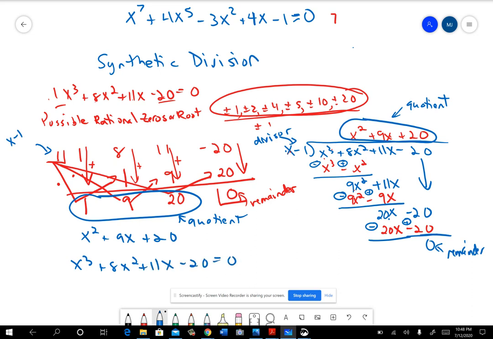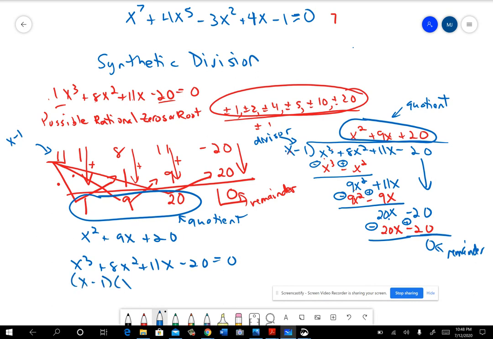Doesn't factor by grouping or anything. And you now know it is x minus 1 times x squared plus 9x plus 20. And then from there, we went further. We're able to factor x squared plus 9x plus 20 and find all the actual roots.